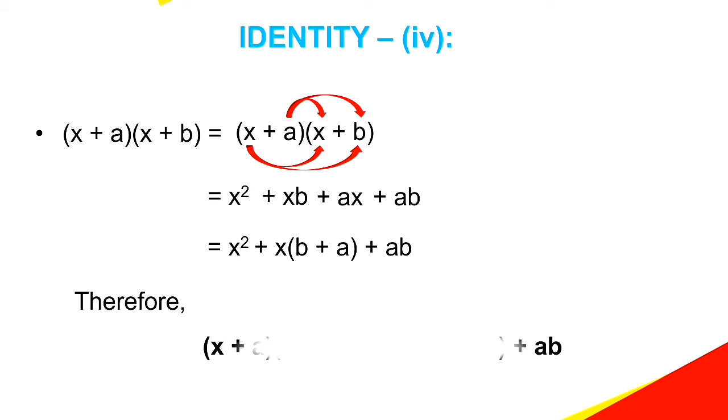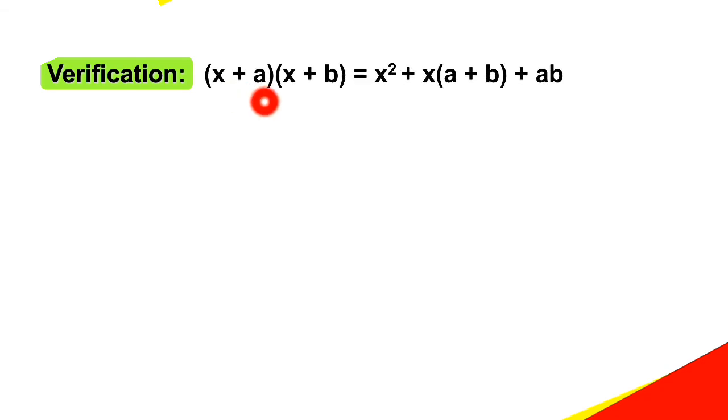Therefore, (X plus A) into (X plus B) is equal to X square plus X into (A plus B) plus AB, which is identity 4. Right? Now we are going to see the verification.